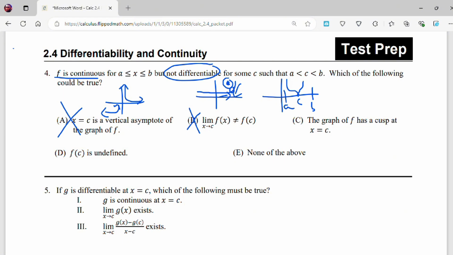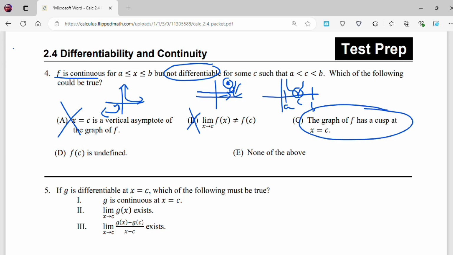Well, f is continuous there, is it not? I don't see any discontinuity. Everything is continuous. However, if we remember that cusps are not differentiable, then C is our answer.